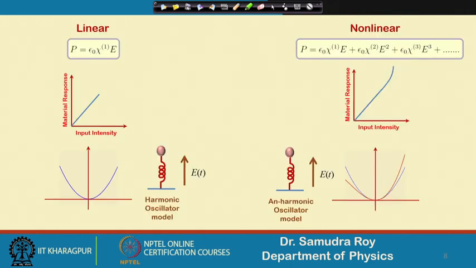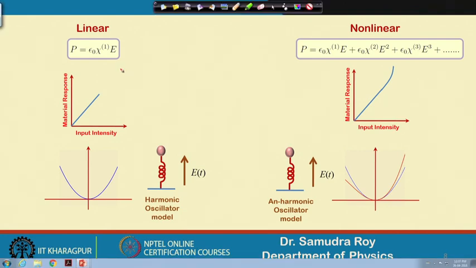So far we have been dealing with linear optics, which essentially has the expression P equals epsilon 0 chi E, where P is the polarization and E is the electric field.